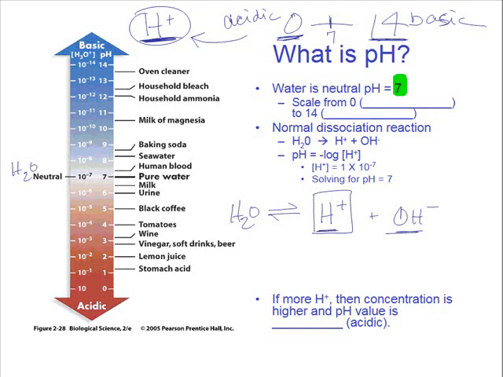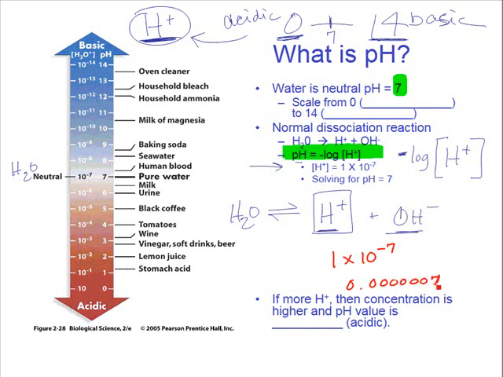If you want to get into the fancy math, how we calculate pH is we look at the concentration of hydrogen ions, and we use square brackets to represent concentration. If we take the negative log of that, that gives us the pH. So water, if we took a picture of it at any snapshot in time, about 1 times 10 to the negative 7th of all the water molecules in that flask, or about 0.0000001, a 1 with 6 zeros in front of it.